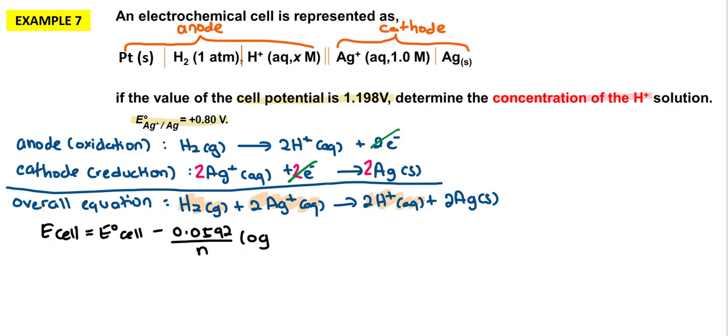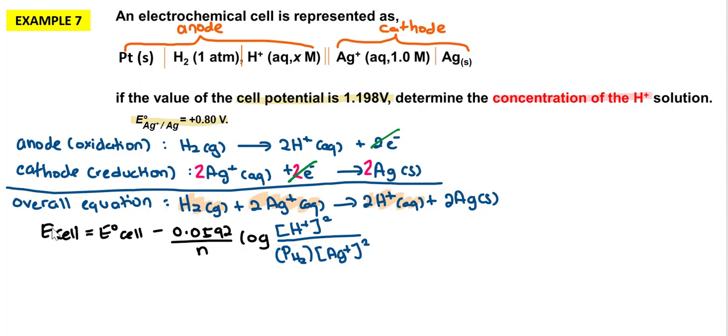On the product side, we have the concentration of hydrogen ion, the coefficient is 2, so to the power of 2, divided by the reactants. Here we have the hydrogen gas, so the partial pressure of the hydrogen gas, times the silver ion, so the concentration of the silver ion, the coefficient is 2, so to the power of 2.